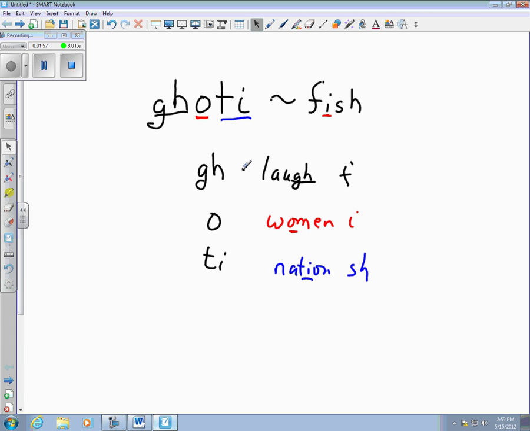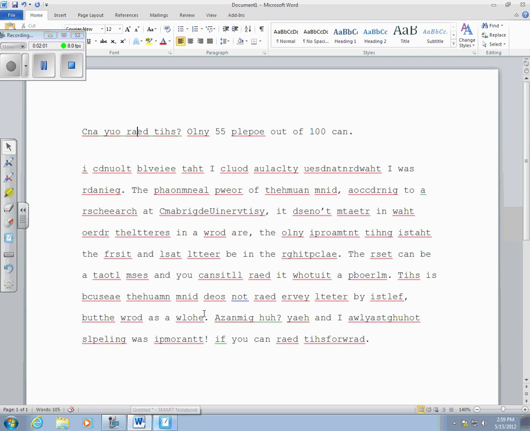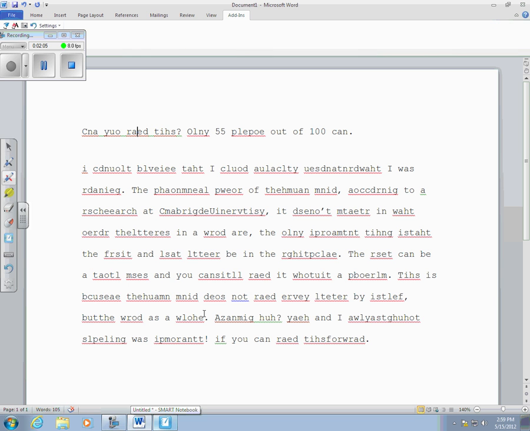Another phenomena is that sometimes in English, the sequence doesn't actually matter. So if you're looking at the sequence of these words here, can you read this? Only 55 people out of 100 can.